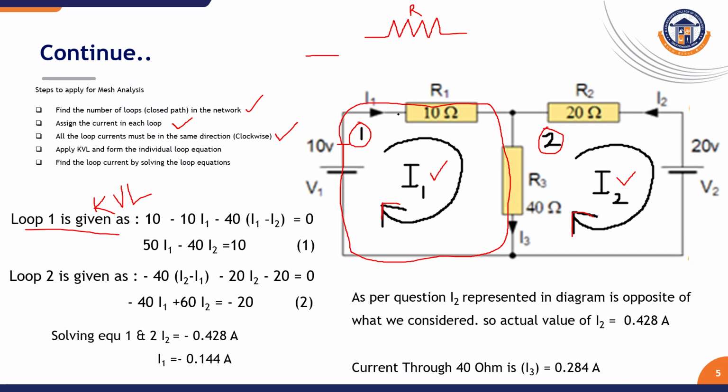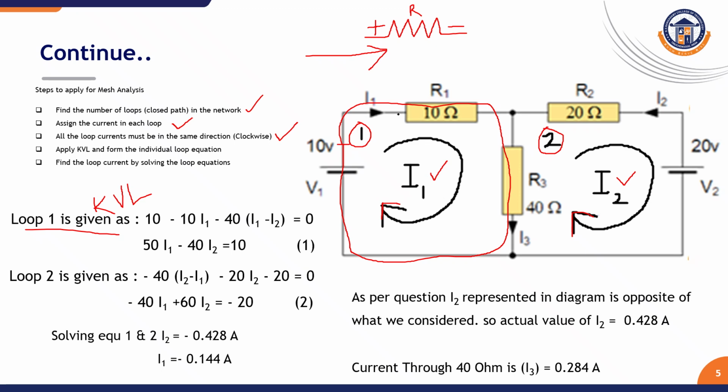Suppose the current enters that resistor, so I'm going to take this as the positive terminal and this as the negative terminal, because the algebraic sum of the voltage drops across a loop equal to 0 is my KVL statement. So sometimes there is a potential rise and then a potential drop.